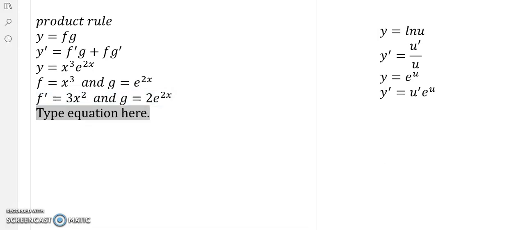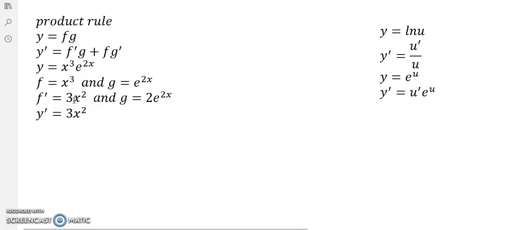Then now we can use this formula, y prime equal to f prime g plus f times g prime. Then we're going to have y prime equal to, then we will replace f prime by 3x squared, then multiply it by g, and g is nothing but e to the power 2x.